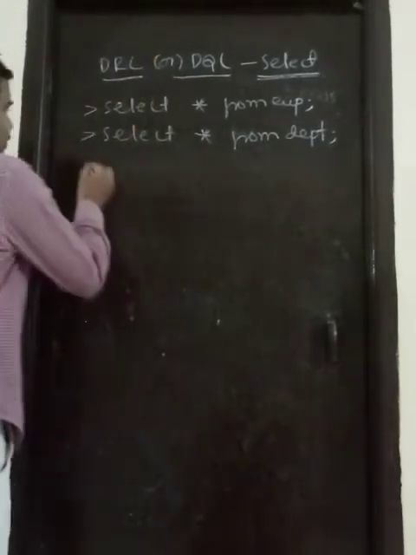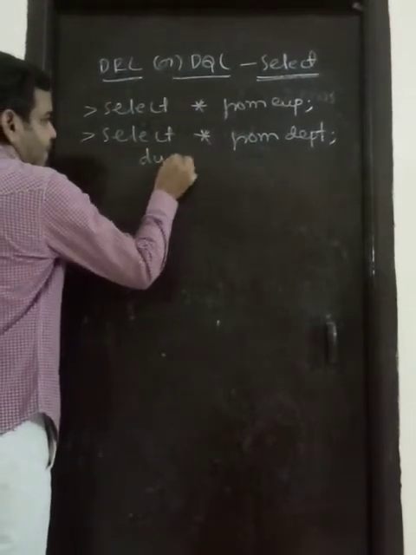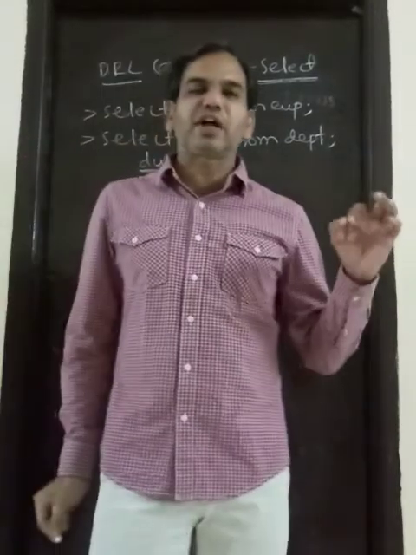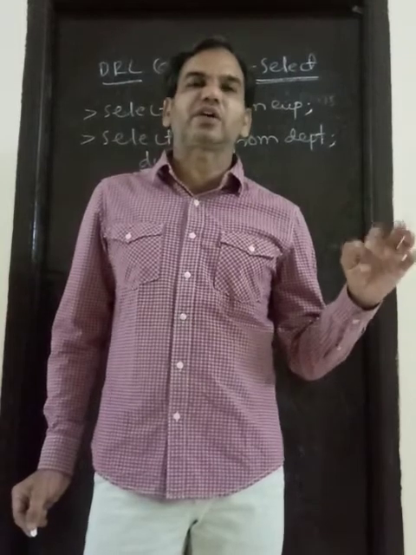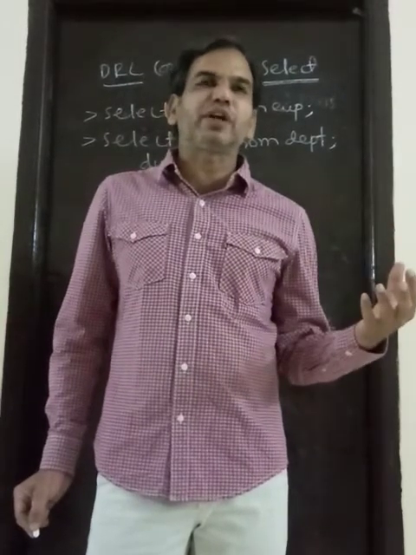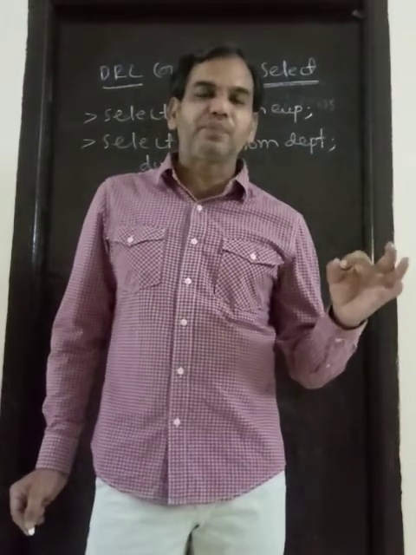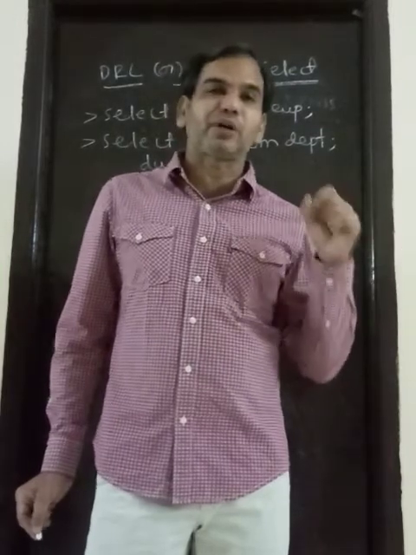Now we will see another default table, which is dual. Dual is one of the default tables which contains 1 row and 1 column of VARCHAR data type. So why are we using the dual table? From the dual table we can access date data type, number data type, and alphanumerical data type also.